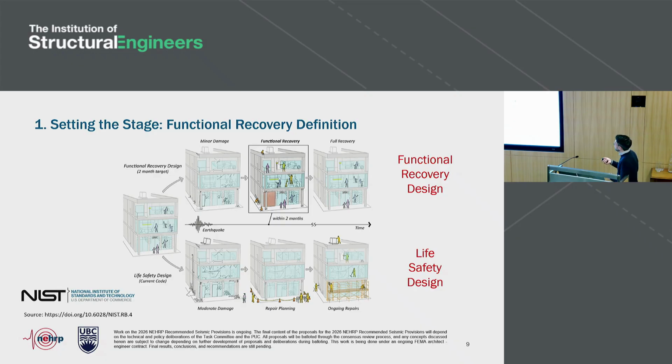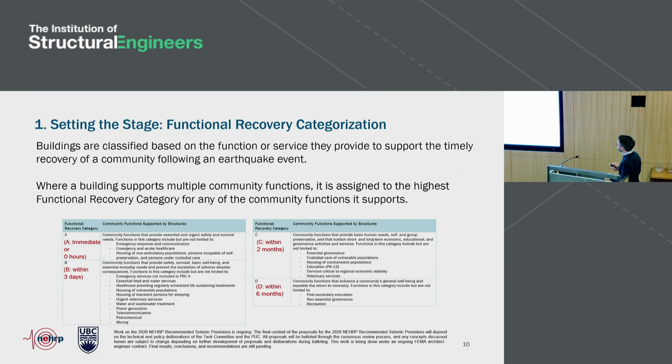And can use it again. Whereas the goal with functional recovery is that we're going to minimize that damage so that we can, within a reasonable time frame, ensure that the basic intended functions of the building are up and running again, and this would happen before full recovery. And I have a link to this graphic if you're curious to look over it in more detail.